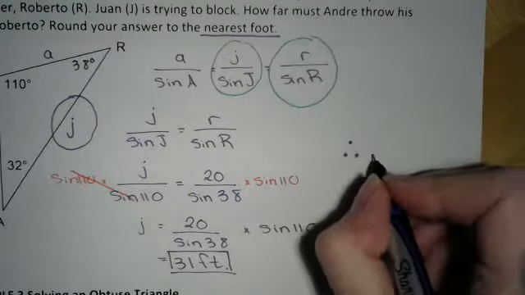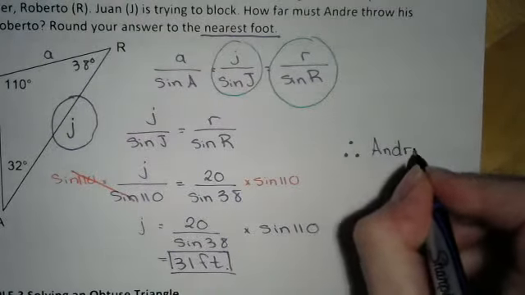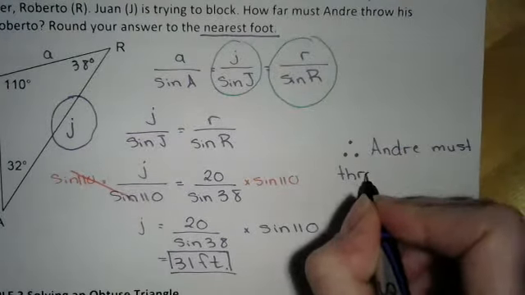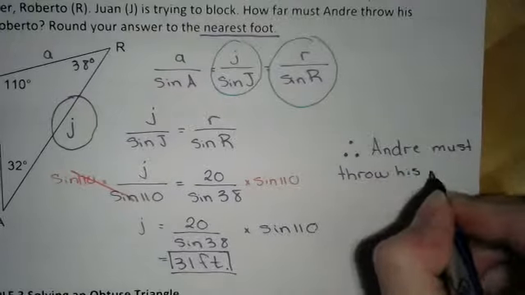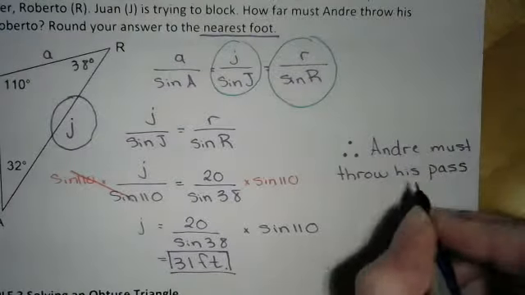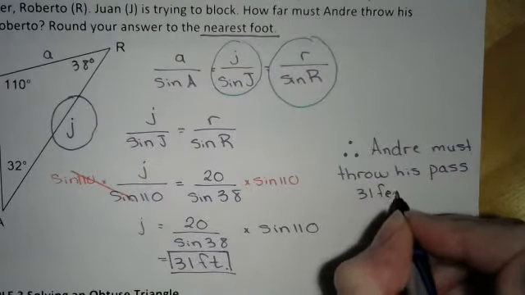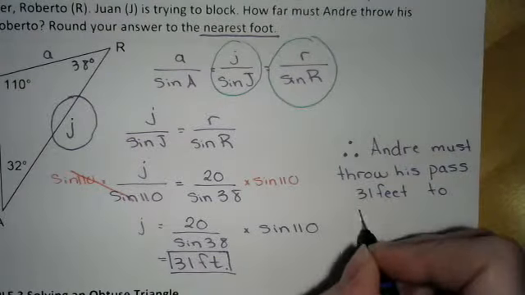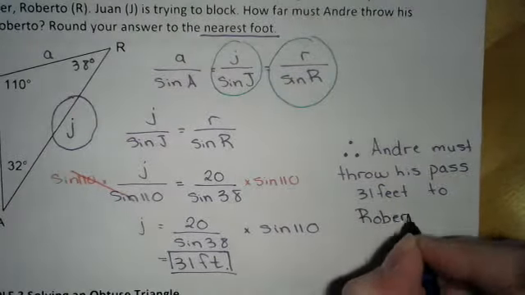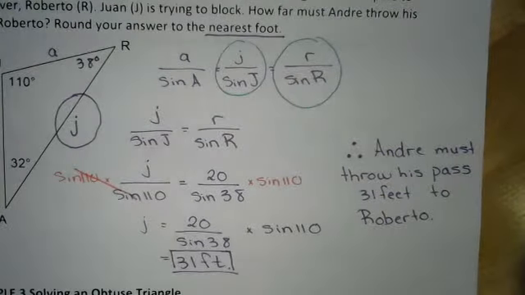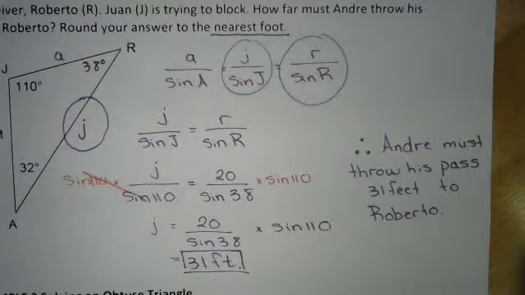Therefore, Andre must throw his pass 31 feet to Roberto. Doesn't have to be fancy or long, it just has to summarize what you've done.